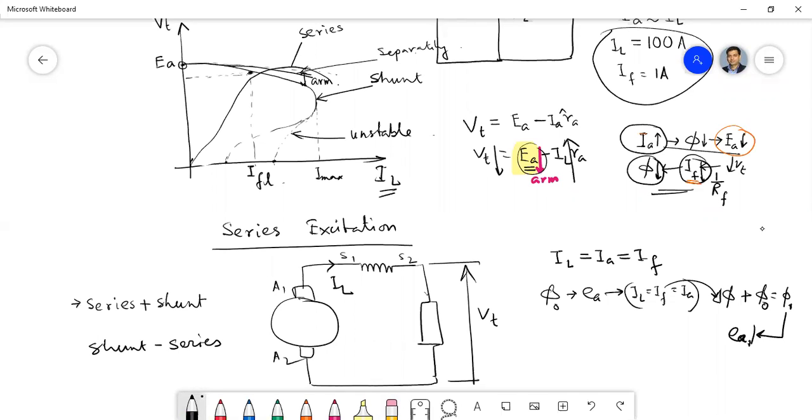So this is called the cumulative compound, and this is called the differential compound.